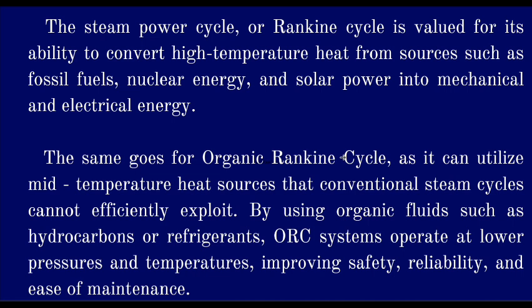They are widely applied in waste heat recovery, geothermal energy, biomass, and solar thermal power, and their scalability makes them suitable for both small and large-scale applications. As a result, organic Rankine cycles contribute to higher overall energy efficiency and play a role in advancing sustainable energy systems. That is for the conclusion, and that is all.